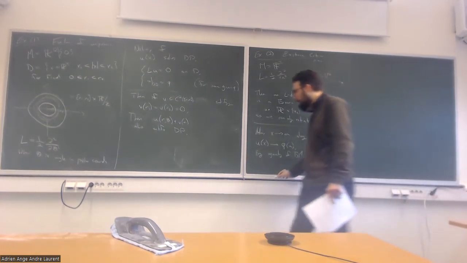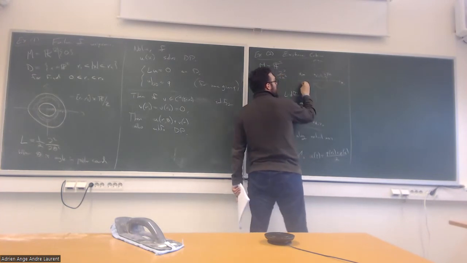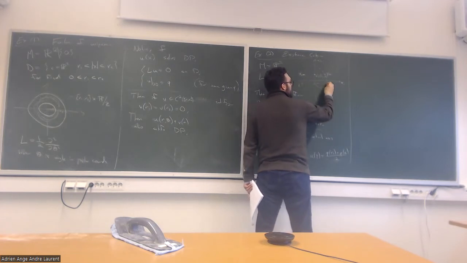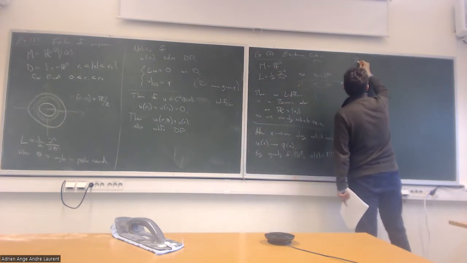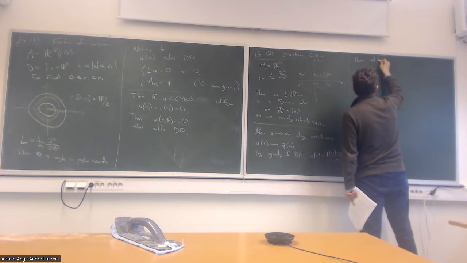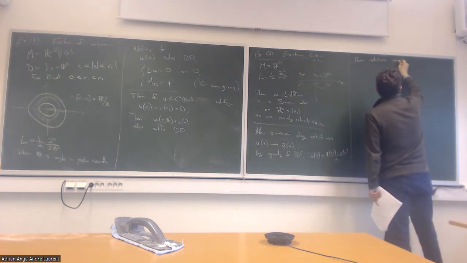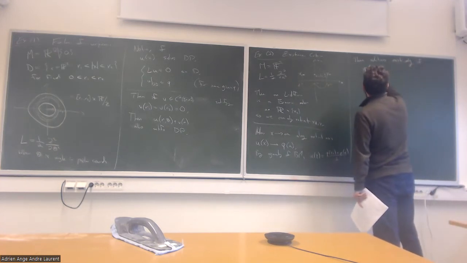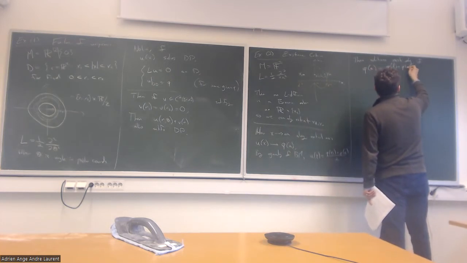So what we can say is that given this domain, if we draw a horizontal line and label this point L, and label this point R, then solutions exist only if phi of A is equal to phi of L plus phi of R.